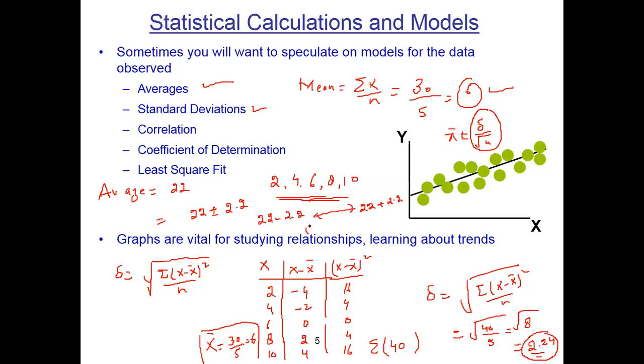This one is 17.8. When you add, 22 plus 2.2 equals 24.2. So this is actually interval estimation. So we can say that the average age of students in the physics class is from 17.8 till 24.2. Correct? So this sigma, standard deviation, shows a spread in the data, and we use this for interval estimation.